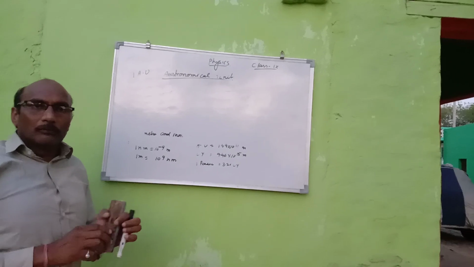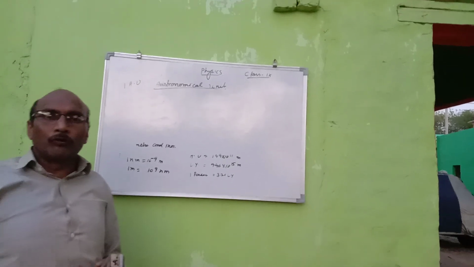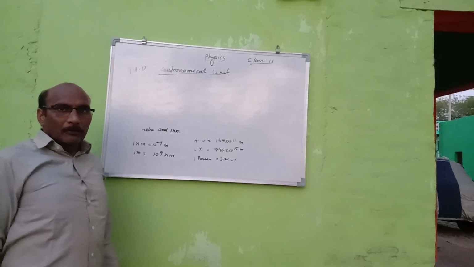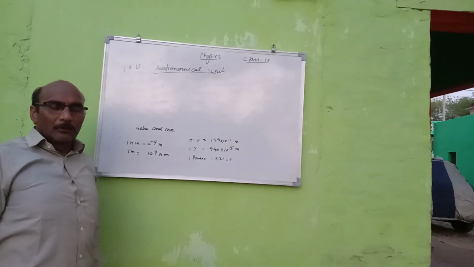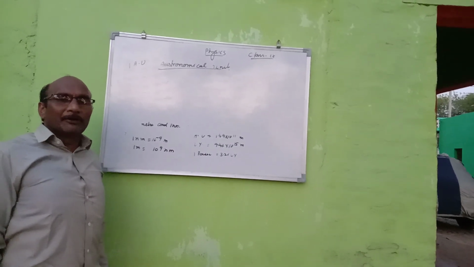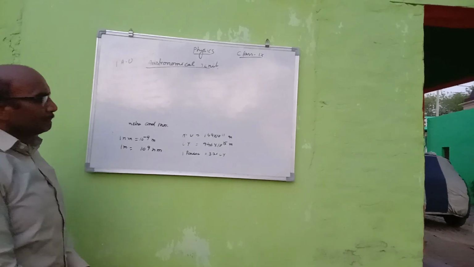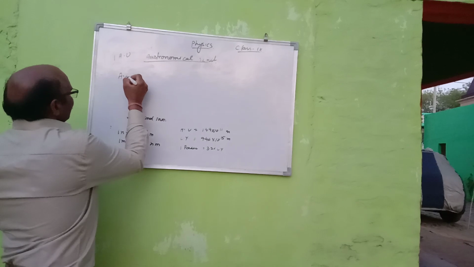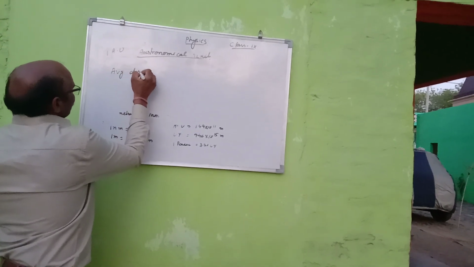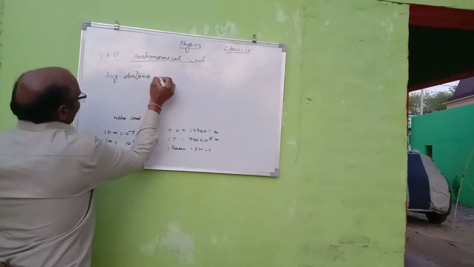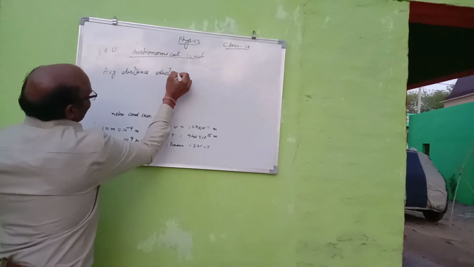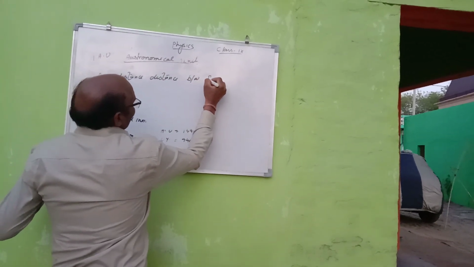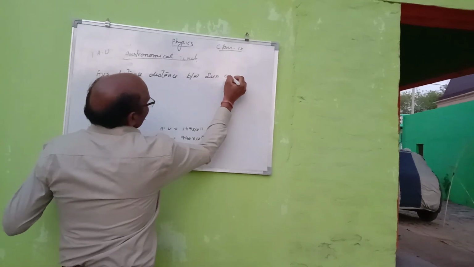To know about the 1 astronomical unit, we have to go deep into physics. In simple words, 1 astronomical unit can be defined as the average distance between sun and earth.